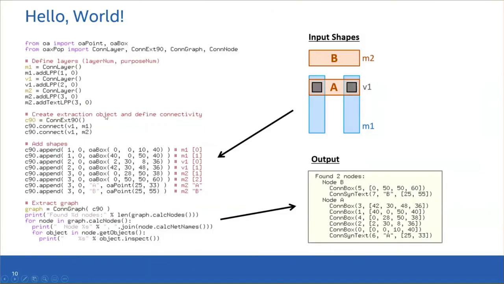And then I create the engine, basically the extraction object. Currently in this first release, we'll just support 90-degree angle shapes, just based on time to get something out there. But there will be connectivity extraction for 45-degree or any angle in a later release.